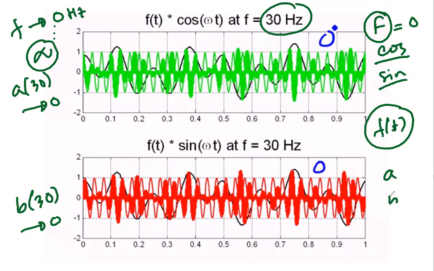Both A and B parts are very important to find out the magnitude response, because whenever you have only a B part, it also gives some magnitude value.